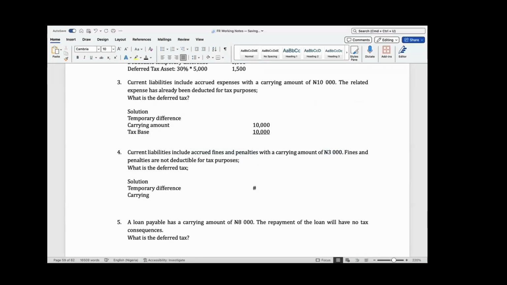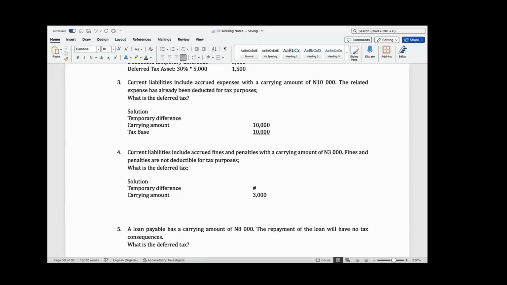What's our carrying amount, what do we have recorded in our books? We have 3,000. What is the taxman capturing? Fines and penalties are not deductible for tax purposes, which means the taxman will capture zero.